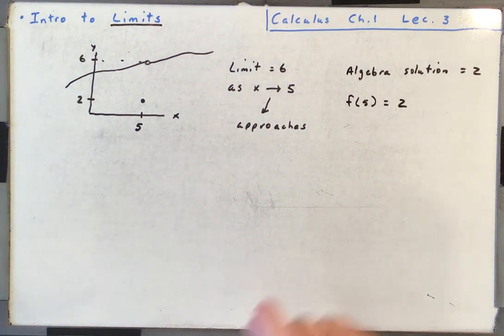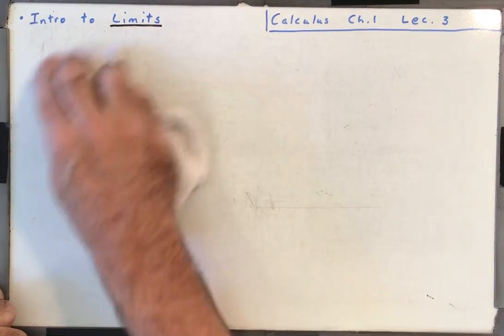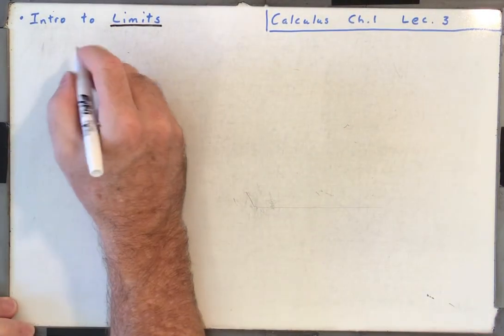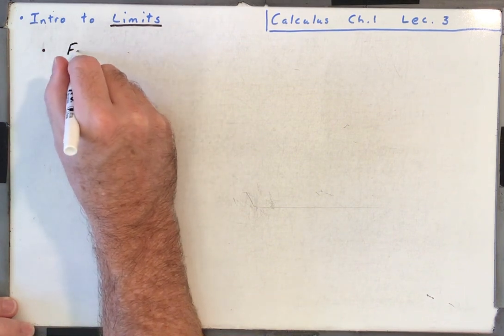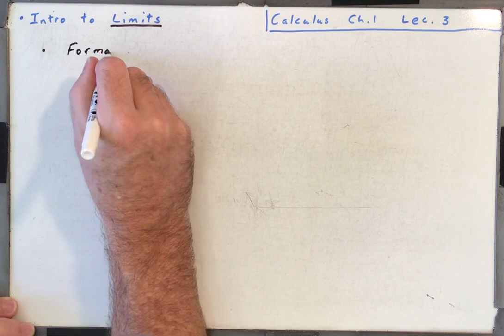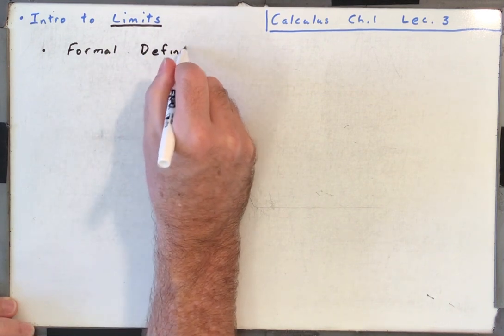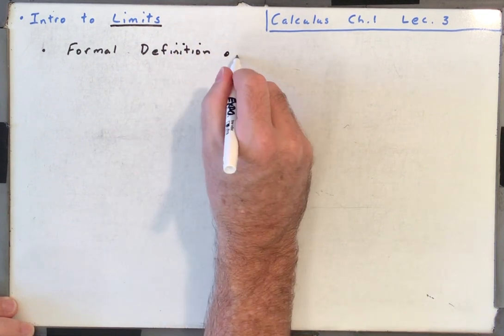Okay, so now let's get into, having explained it with graphs, the formal definition of the limit. And this looks much worse than it is.